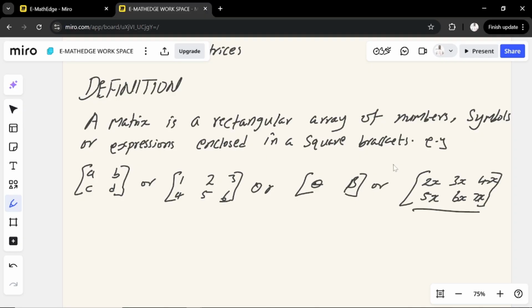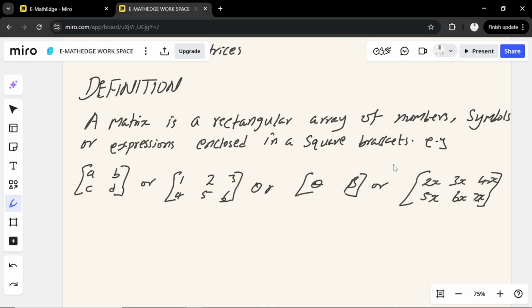So this is an expression, these are symbols, these are numbers, and these are letters or alphabets. So whichever format you see a set of numbers or expressions or even symbols enclosed in a square bracket, it is regarded as a matrix.